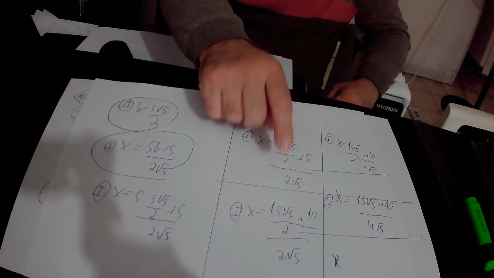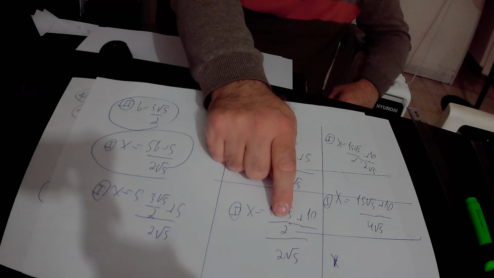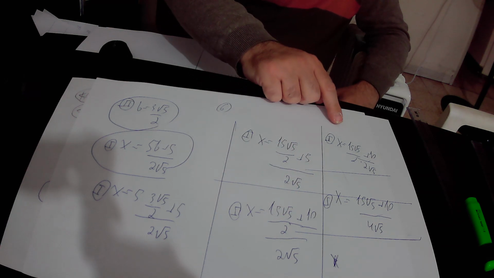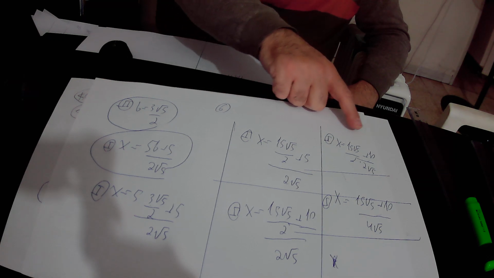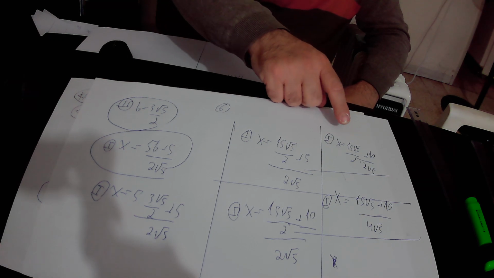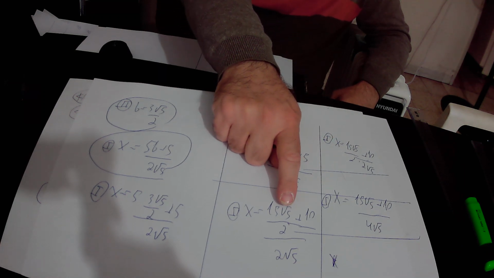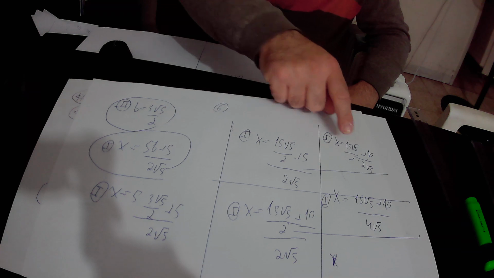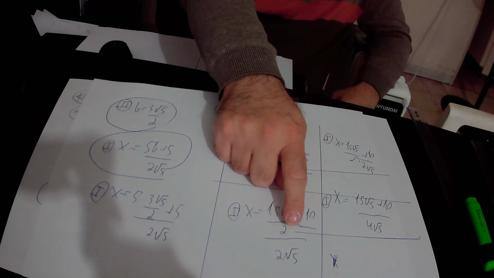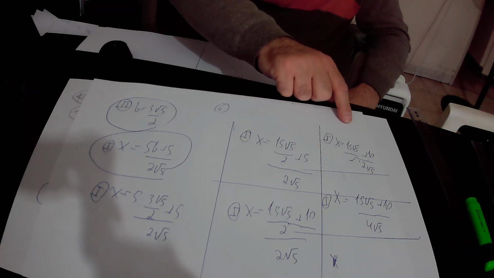Here we moved 2 times square root of 5 to the denominator, and we found out that x equals 15 times square root of 5 plus 10, times, in the denominator we will have 2 times 2 times square root of 5, because we moved 2 times square root of 5 to the denominator.